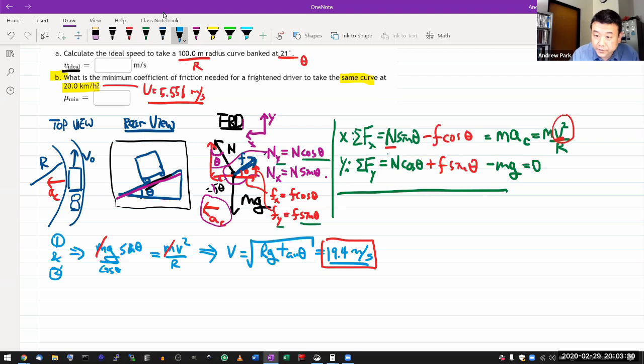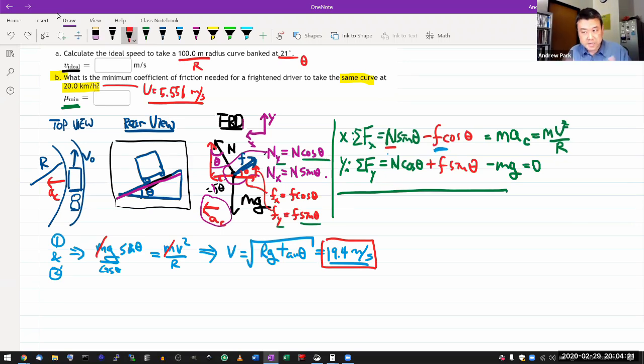And now that I have friction, this f becomes unknown, and we can solve for friction force by eliminating normal force. Now, unfortunately, that's not what the question is asking. The question is asking for the minimum coefficient of friction. So I think I'm still going to need to write down an additional equation so that I can actually switch my unknown from normal force to this coefficient. So let me write that down.